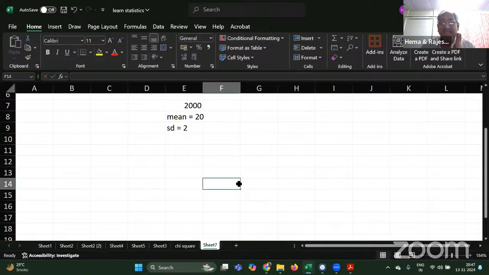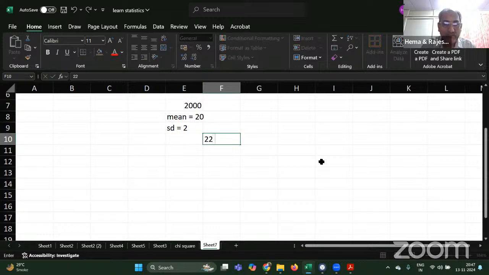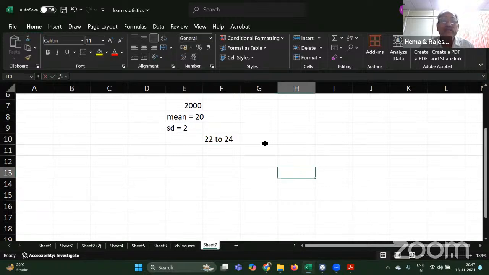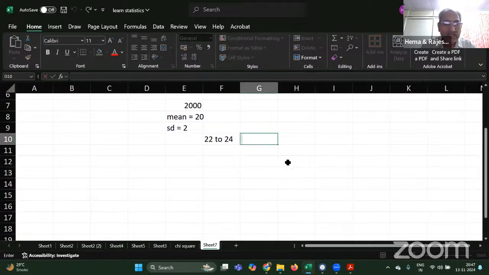Suppose one donor says he would like to give money for children between weight 22 kg to 24 kg, 1000 rupees per child.